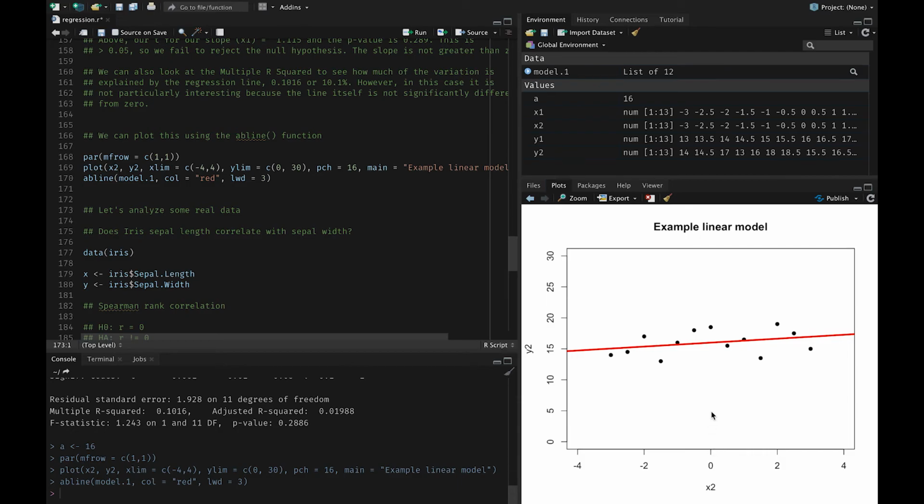If we eyeball, look up here, and then come over to the left, yeah, that's pretty close to 16. Actually we know it's exactly 16. So this looks correct. And here the line is not significantly different from 0, therefore x is not predictive of y. Y does not change in a predictable way with x.